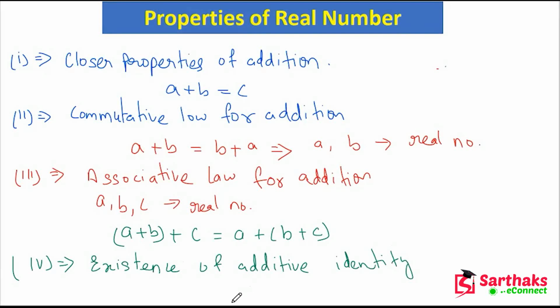The additive identity is that if we add 0 to a number, we get the same number. If we add a plus 0, or 0 plus a, we always get a. Here a is our real number, so 0 is the additive identity. This is our additive identity property.